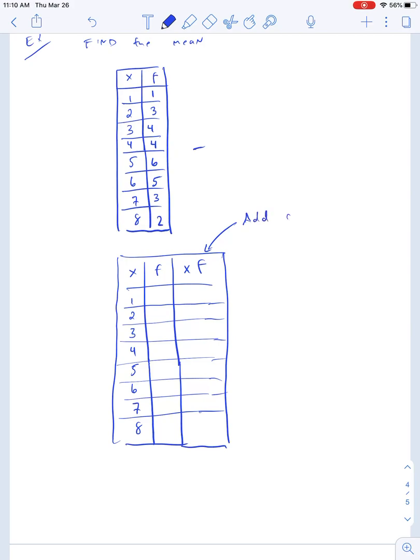Once again, we add a column where we multiply your data item times f. All right, let me rewrite these frequencies.